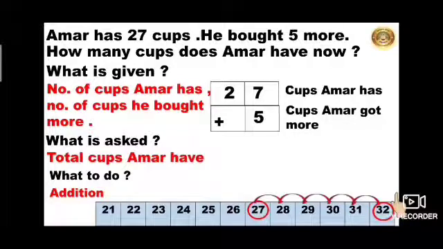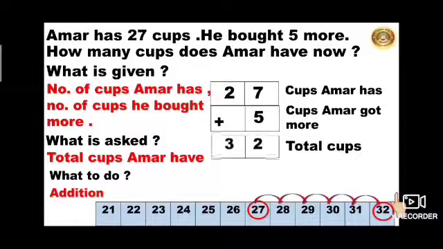Means 27 plus 5 is 32. Means Amar has a total of 32 cups after buying 5 more. Now children, I hope you understood how to go forward on the number line.